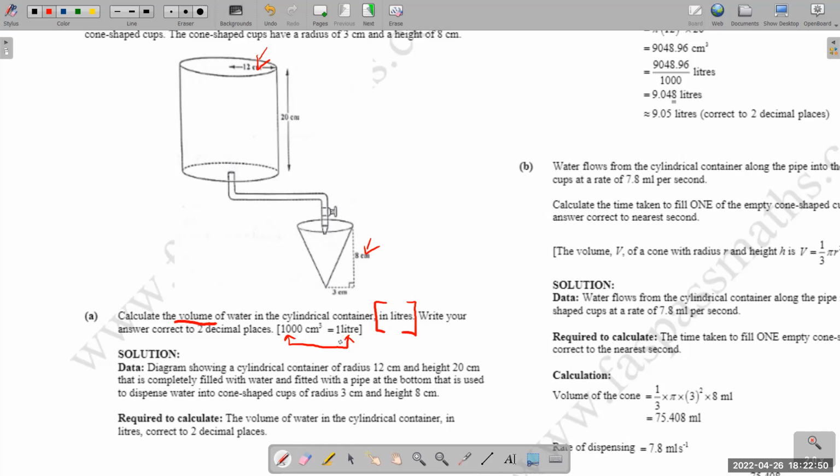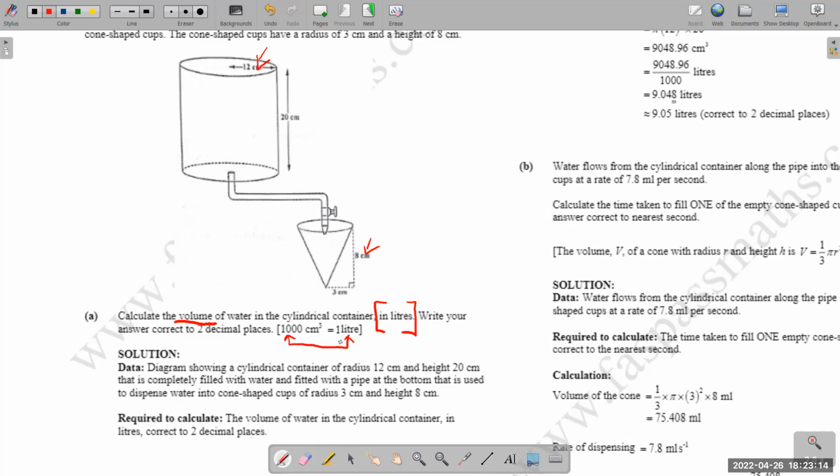Again, what we just did was generate our formula to find the rate. It is milliliter per second, so that means milliliter divided by seconds. So the question asks, calculate the time taken to fill one of the empty cone-shaped cups. Give your answer correct to the nearest second.